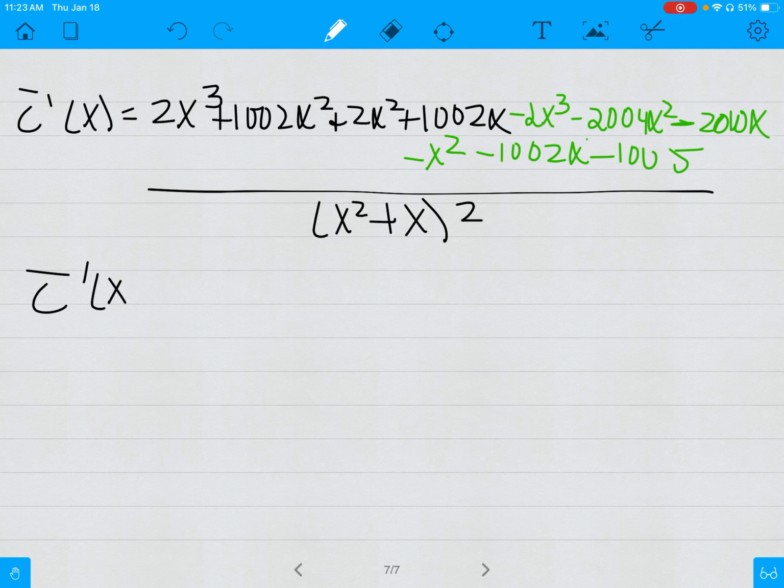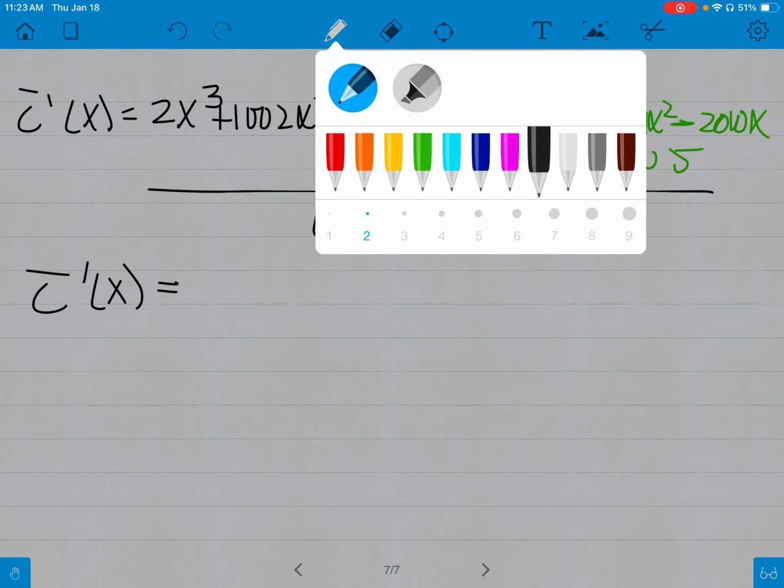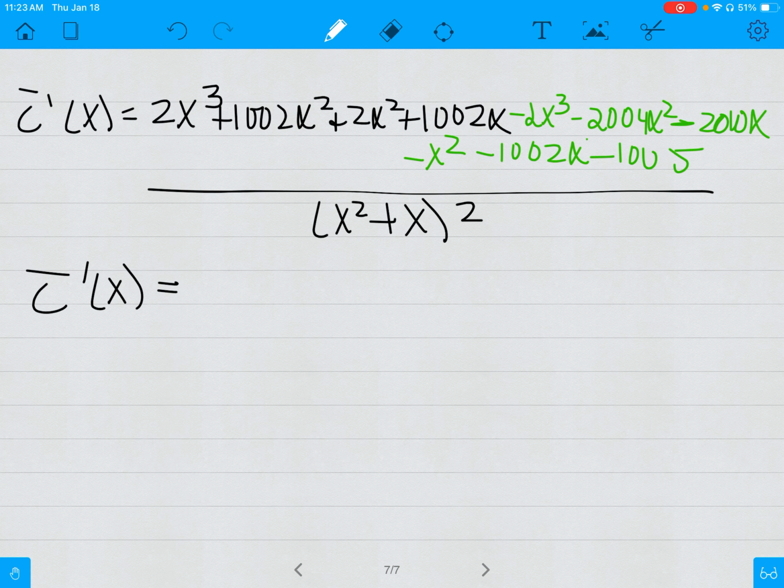So marginal average cost is equal to, now we're looking for things that we can cancel. Well, I've got a 2x cubed and a negative 2x cubed. Anything else that cancels? Yes, I have a 1002x here and a 1002x there. Okay, I think those are all the things that cancel.